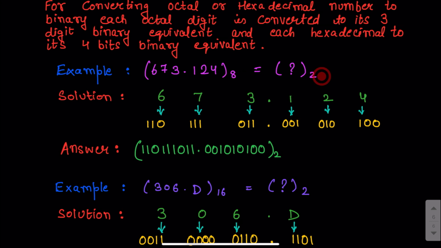I need to convert it to binary. So you just need to take one by one each of the digits and just write down the 3-bit equivalent for them. So 6 is 421, that is 110. 7 is 421, 111. 3 is 011, 1 is 001, and so on, 2 and 4. And here's the answer. As simple as that.